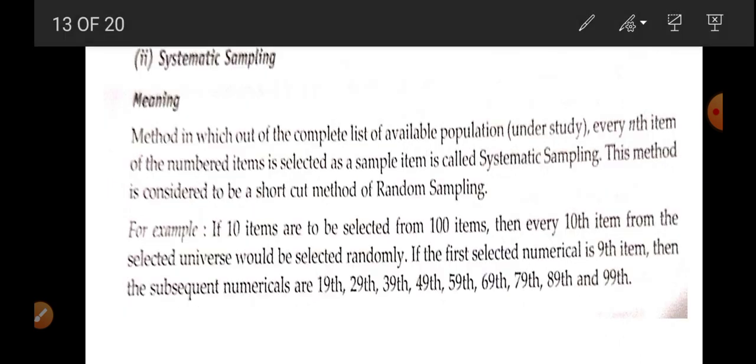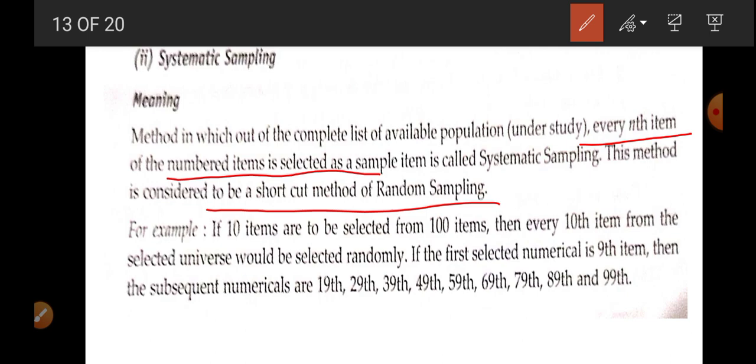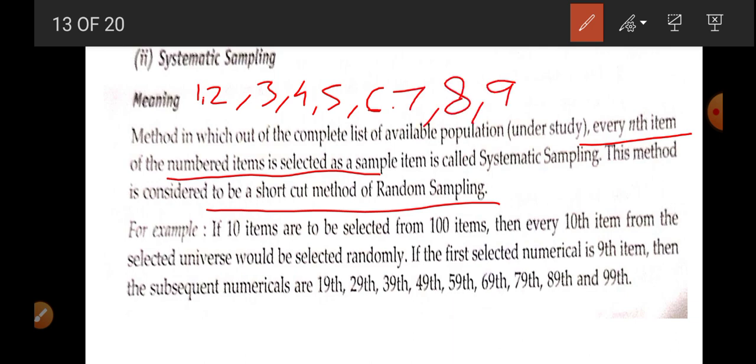Okay, now systematic sampling, what is this? In this sampling, every nth item of the number is selected, and after that we follow a system. Like I had written 1, 2, 3, 4, 5, 6, 7, 8, 9.